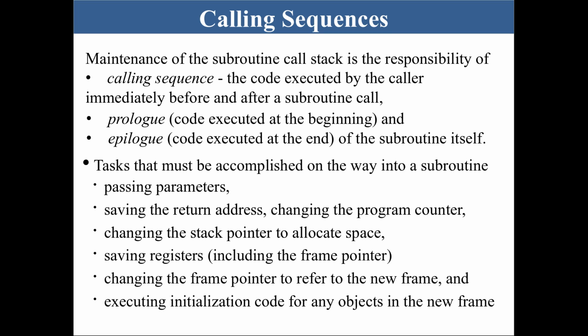The tasks that must be accomplished on the way into a subroutine include passing parameters, saving the return address, changing the program counter, changing the stack pointer to allocate space, saving registers including the frame pointer that may contain important values that may be overwritten by the callee, changing the frame pointer to refer to the new frame, and executing initialization code for any objects in the new frame that require it. These are the tasks on the way into a subroutine.